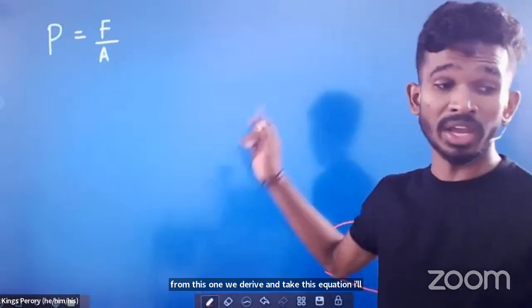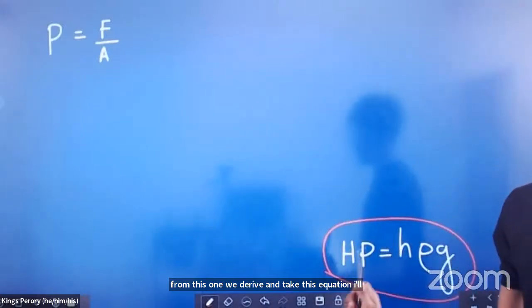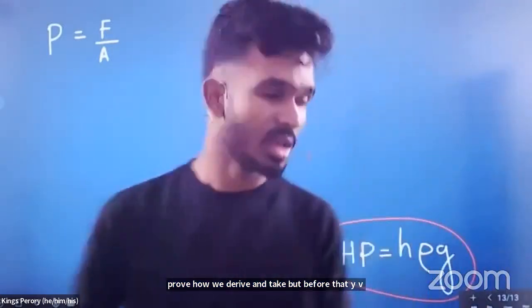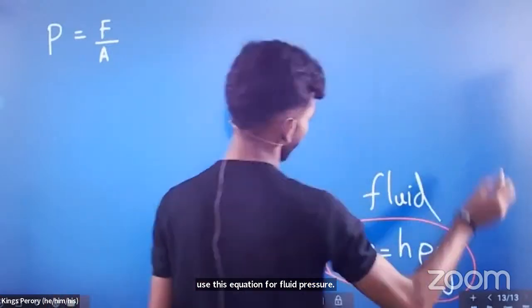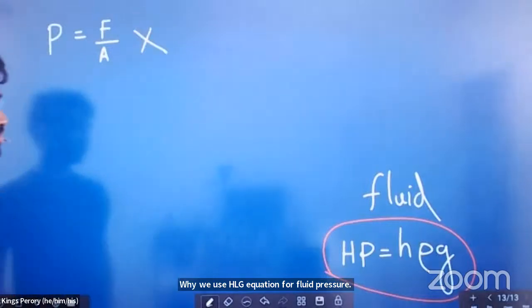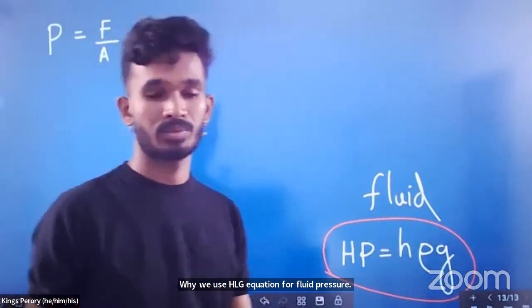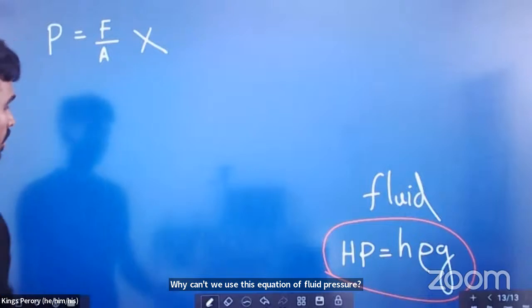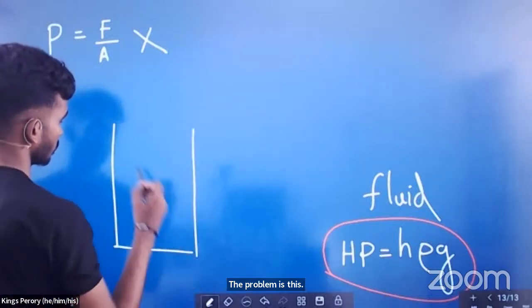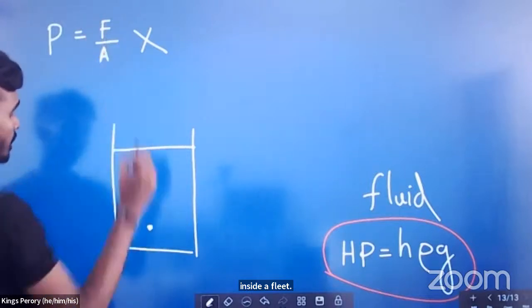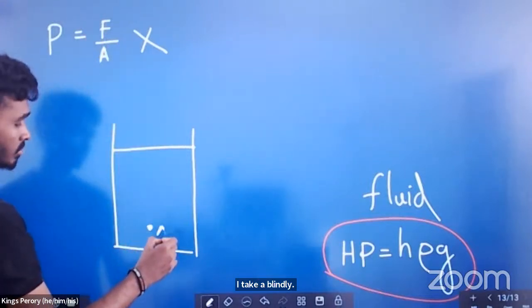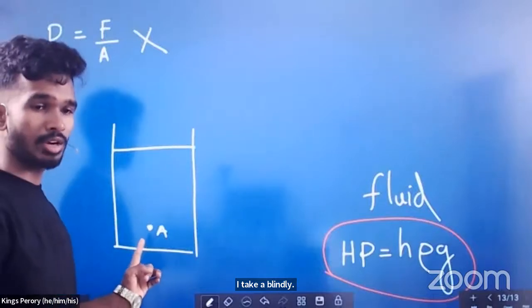But before that, why do we use the h rho g equation for fluid pressure? Why can't we use the other equation for fluid pressure? The problem is this. Inside a fluid, I take a point A. Define a force for point A. Can we define a force for point A?